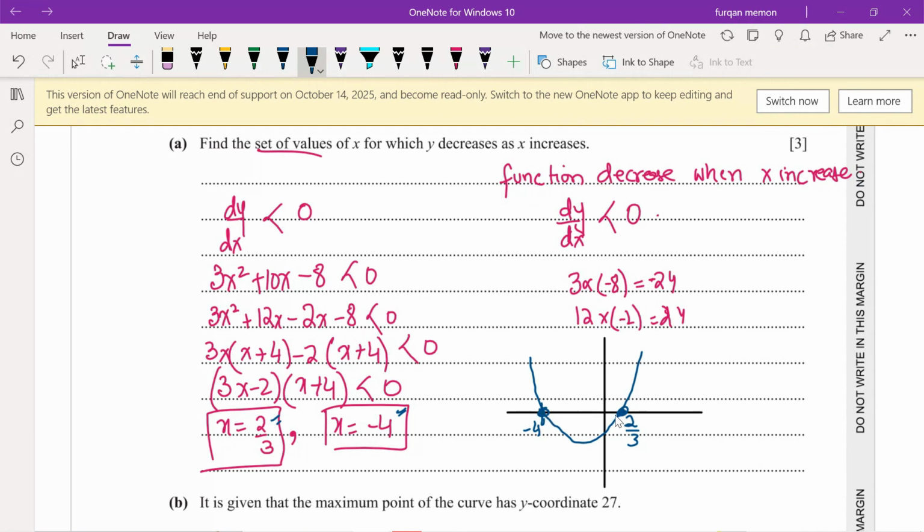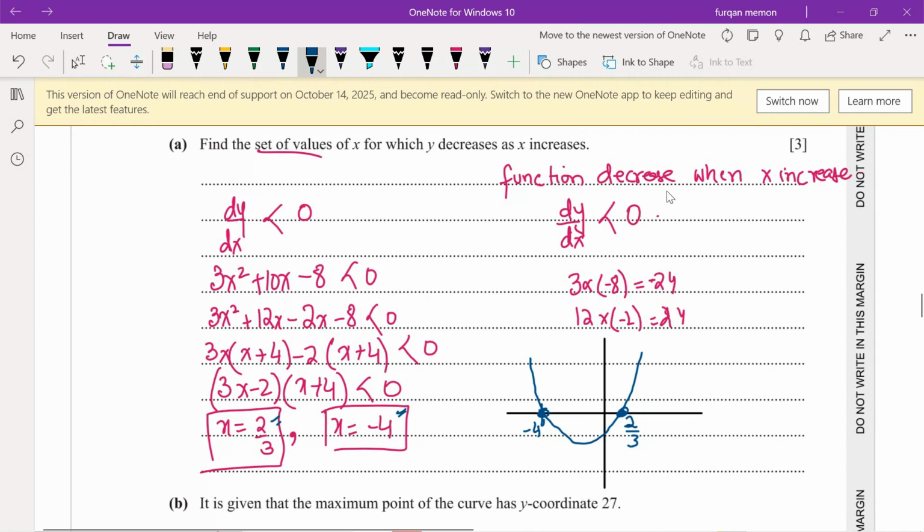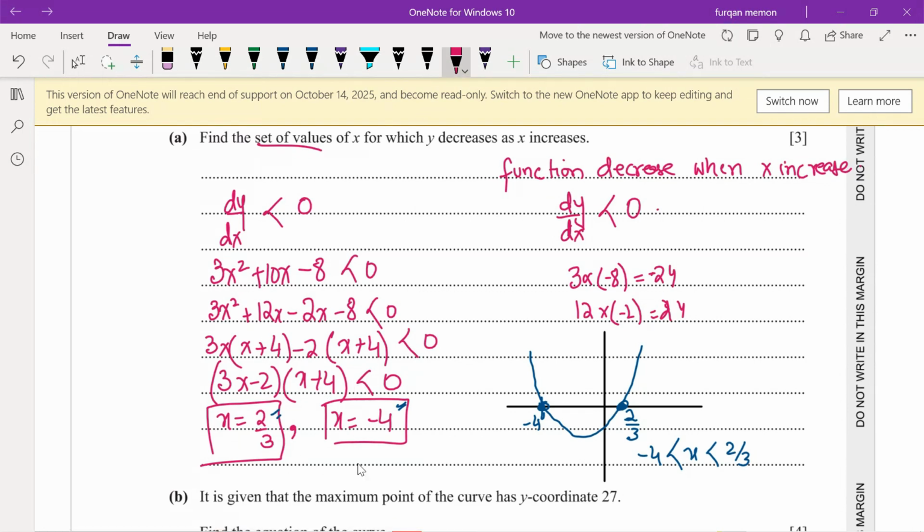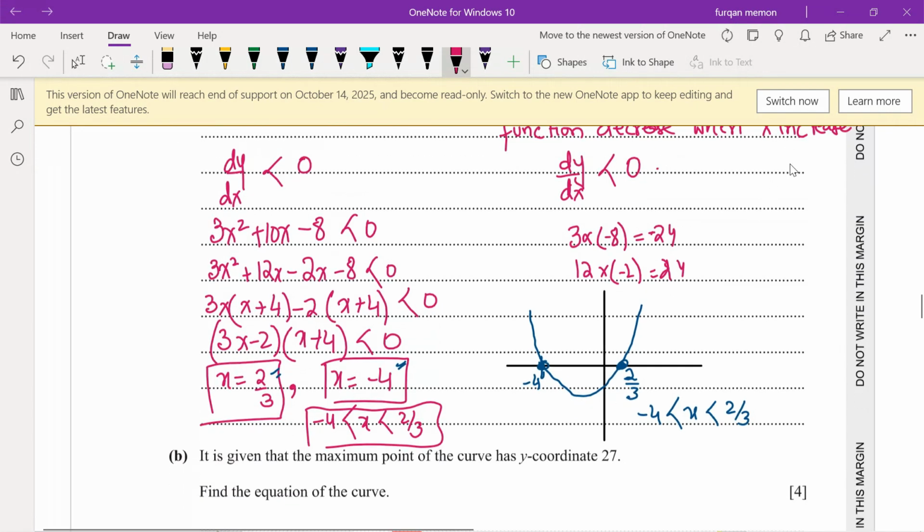It means from negative 4 to 2 over 3, the derivative is negative. So y will be decreasing with respect to x from negative 4 to 2 by 3. So this is the set of values: x should be less than 2 over 3 and greater than negative 4. This is the range where dy over dx is negative, which means the function decreases when x is increased.